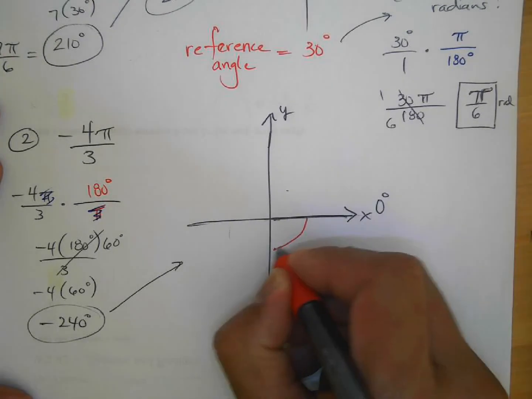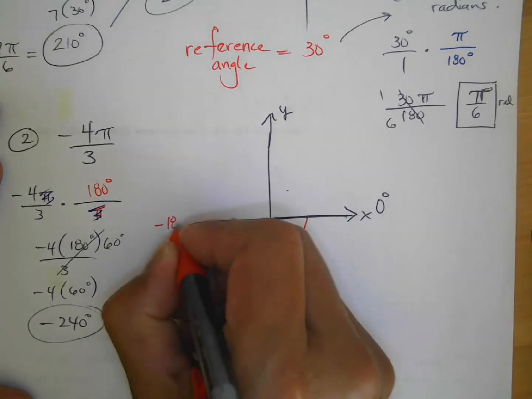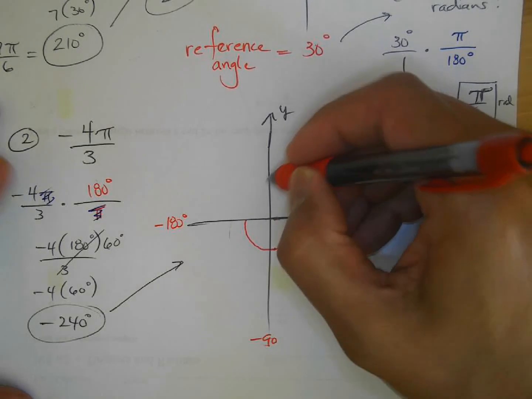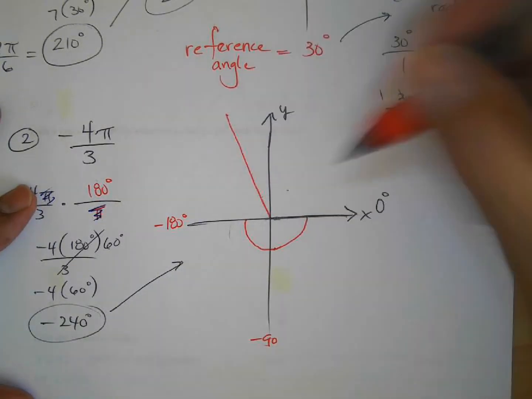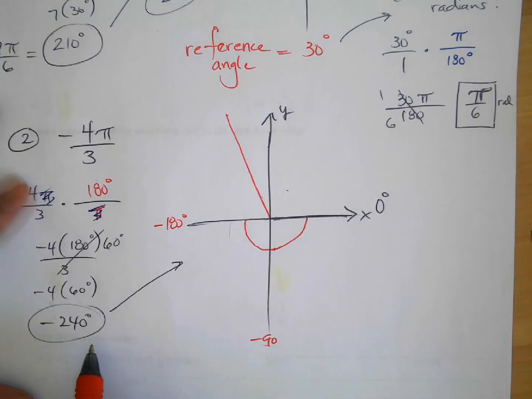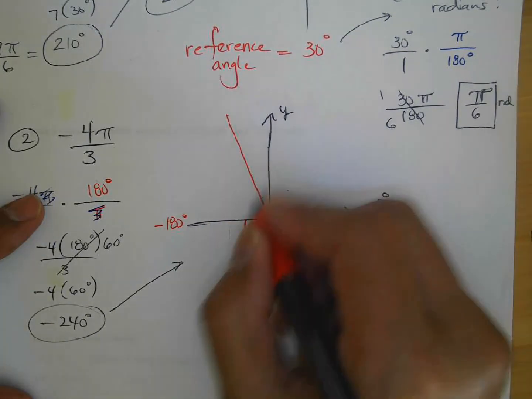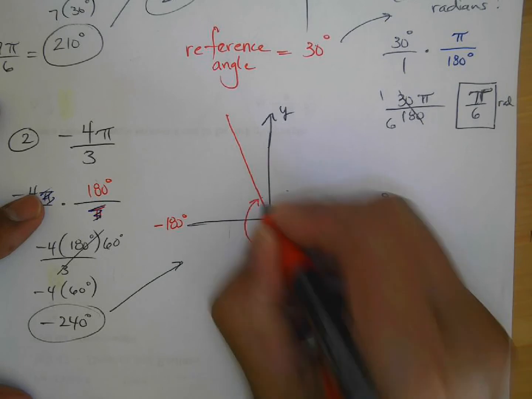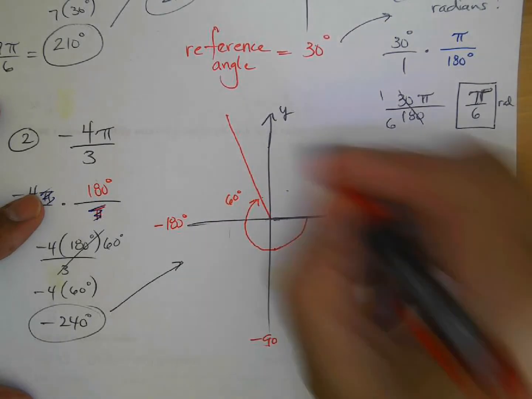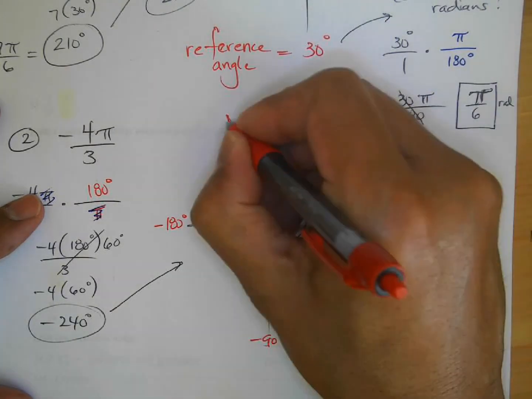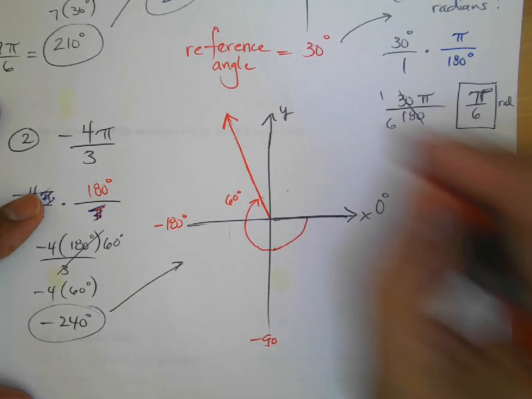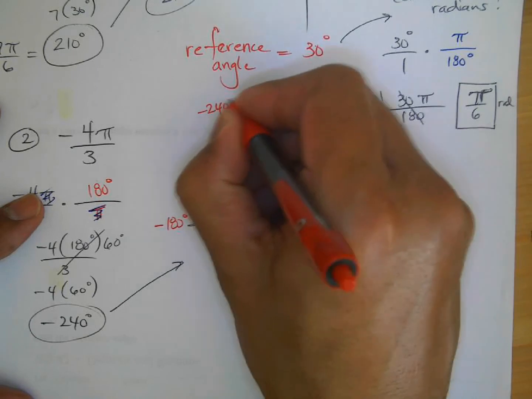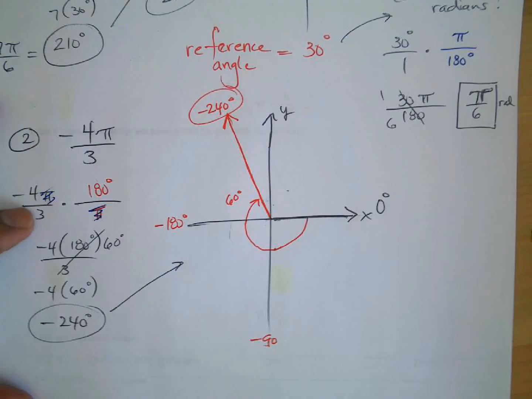And I keep going this way, so now it's negative 180. And how much more do you need to get to 240? Well, 180 plus what? Another 60 degrees more. All this angle up here is a negative 240. Here's my negative 240 degrees.